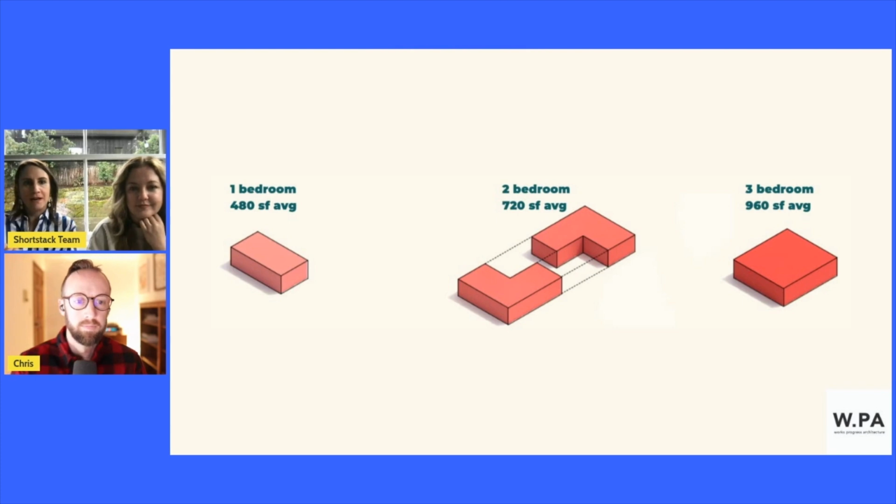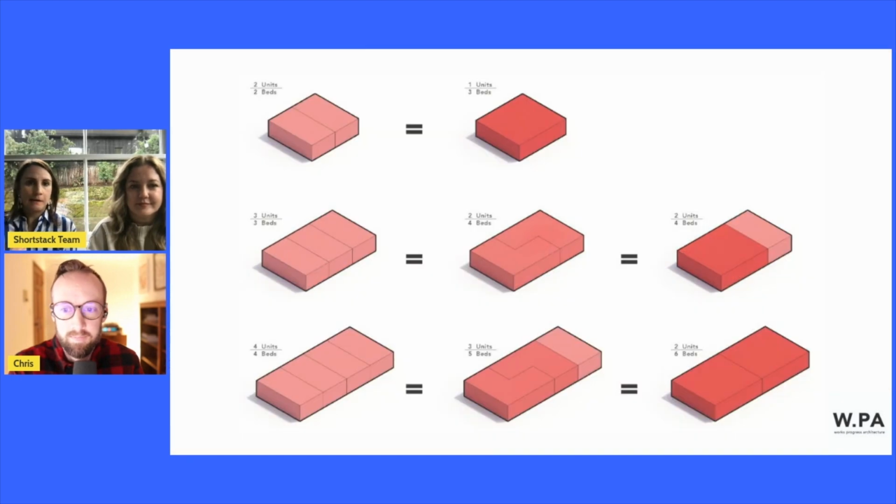And so every 1 bedroom is the same, every 2 bedroom is the same, every 3 bedroom is the same with Shortstack, and they can stack in different ways. Like 2 1 bedrooms equals 1 3 bedroom. And as we mentioned earlier, these are 3 and 4 story walk-ups.